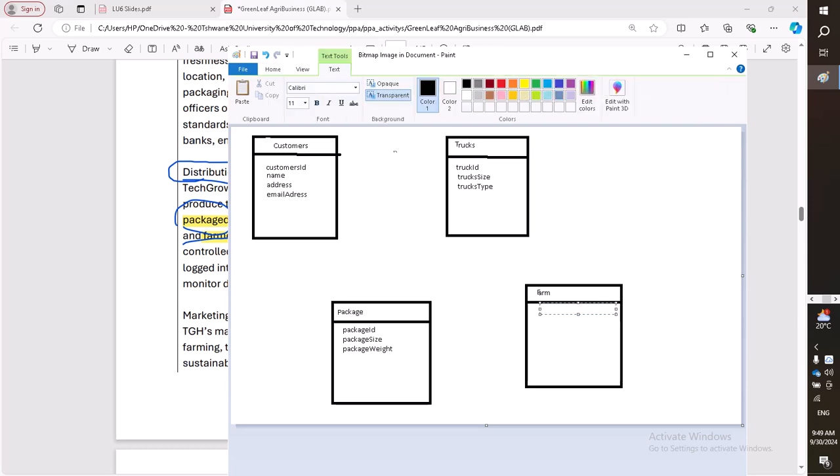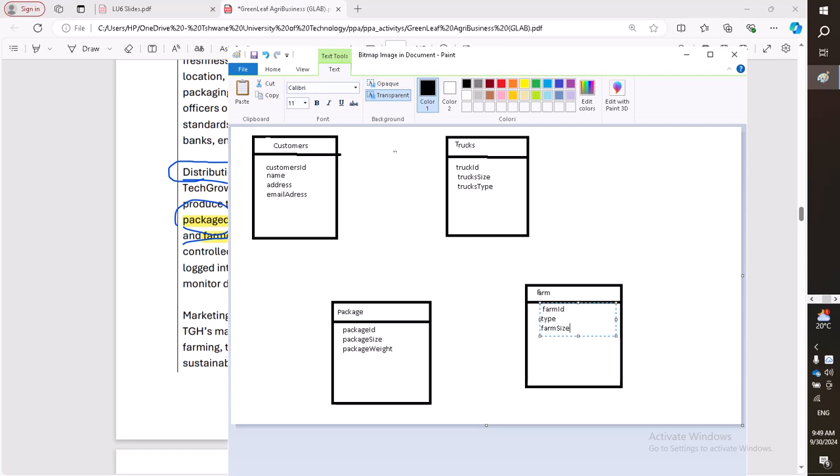In the farm, I'm looking for a farm ID, the farm type, the type of the farm, and also the farm size.